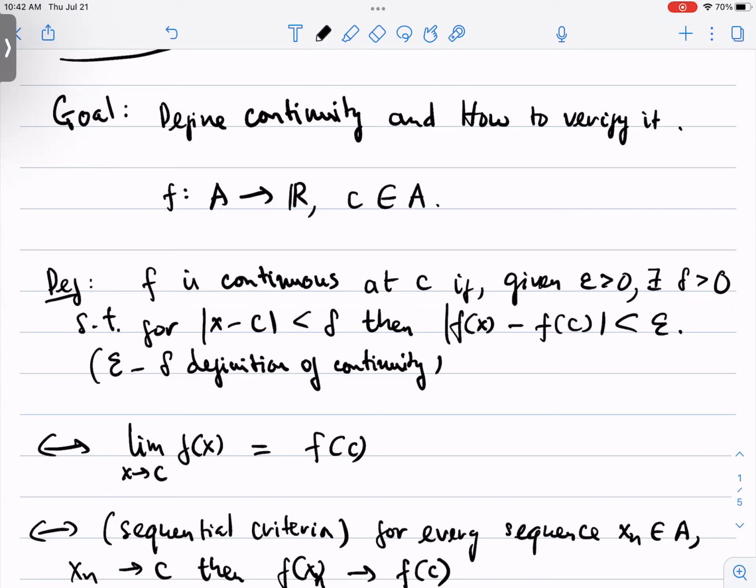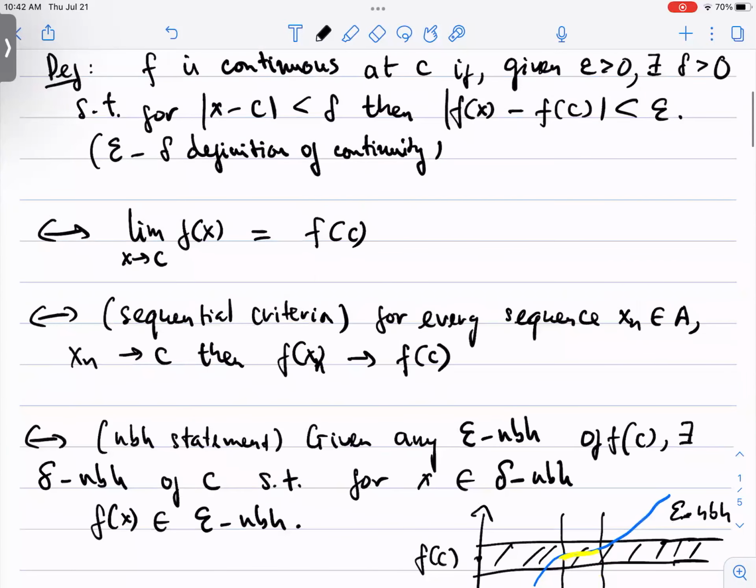Indeed, there are several equivalent statements to this definition to give you several ways to understand it. The first equivalent statement is given in terms of a limit. A function f is continuous at c if and only if the limit of f(x) as x approaches c is equal to f(c).